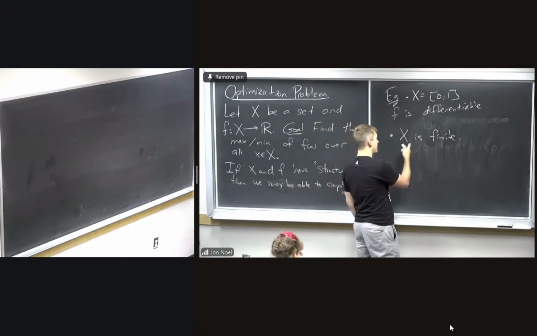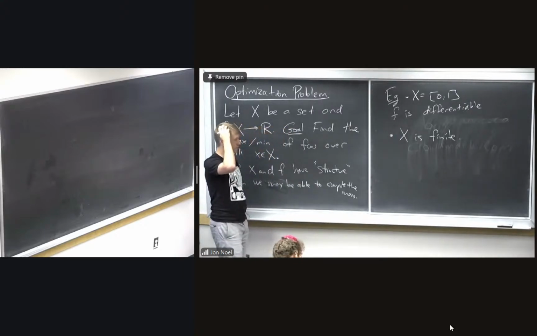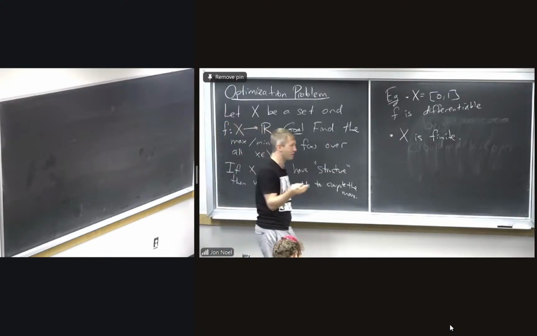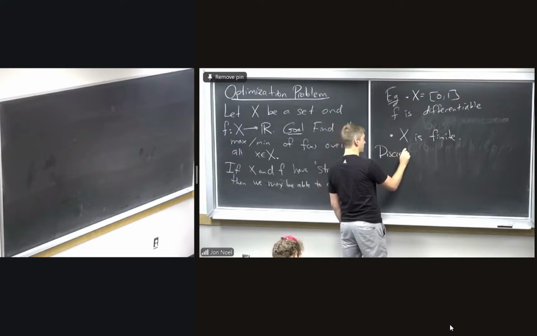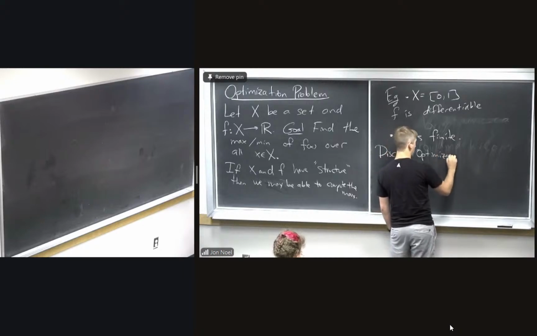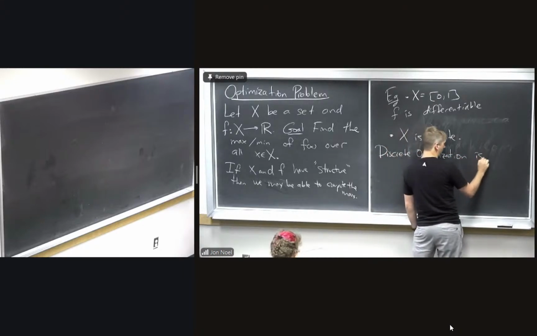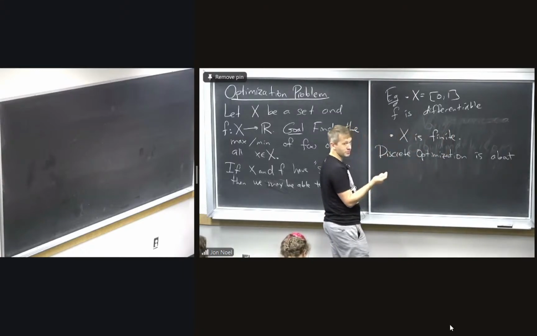This seems like almost a stupid example, if you have a finite set, but actually that's what this entire course is going to be on. So discrete optimization is about optimization problems where the set X is finite.